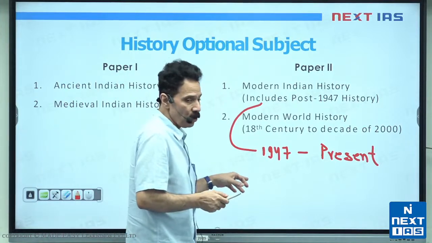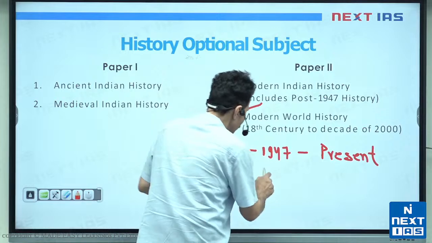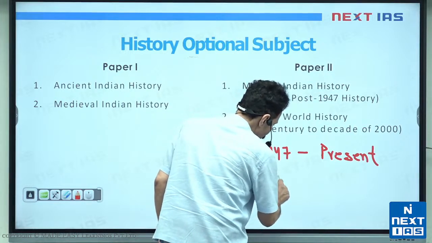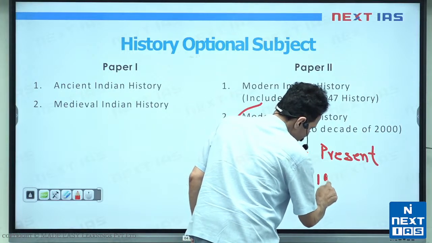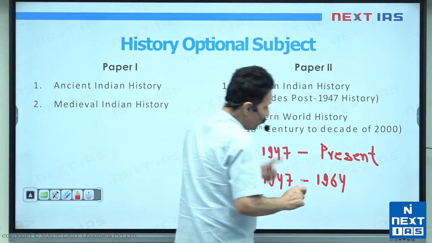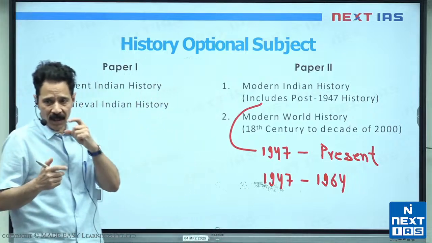Whereas in history optional, this is 1947 to 1964. Mainly, this shows you have more history in GS.